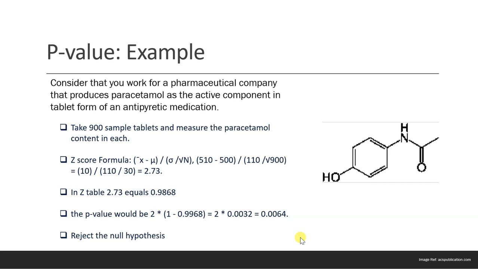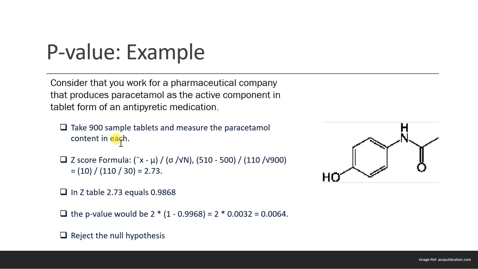So you have the time and resources to take up to 900 tablets. Okay, that is what time you have, and after you collected those 900 tablets, you get an average content of 510 mg with a standard deviation of 110 mg.